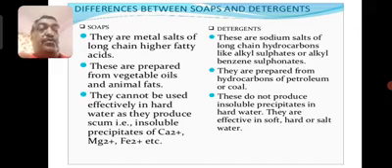So this is how you can distinguish between the soaps and detergents. So soaps have limited application in day-to-day life. The detergents have a lot of application in day-to-day life, and they serve better than the soaps.